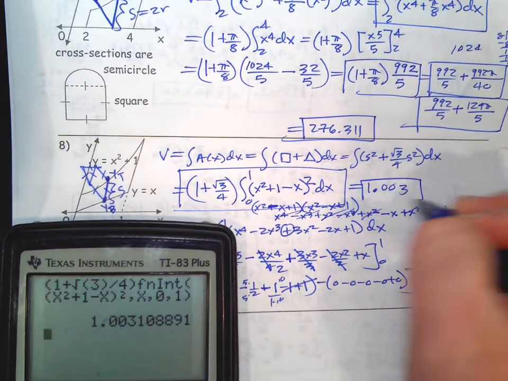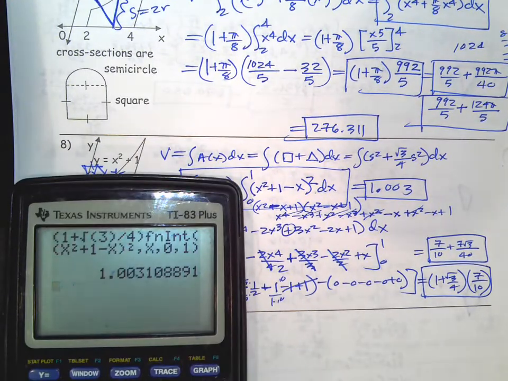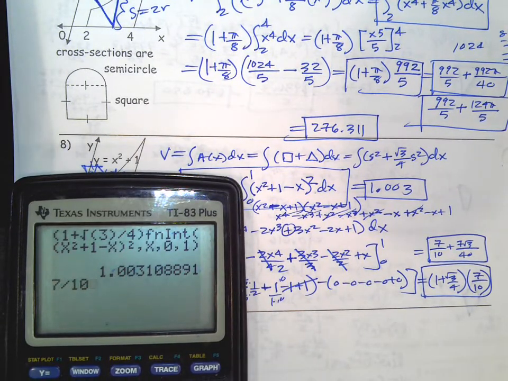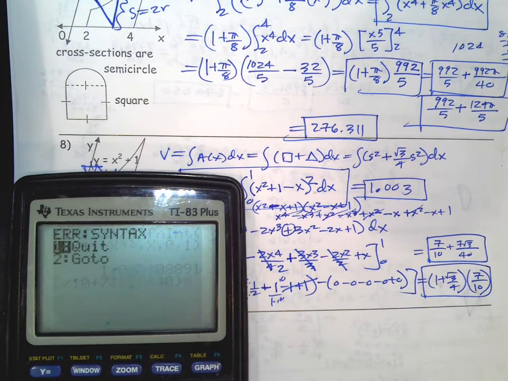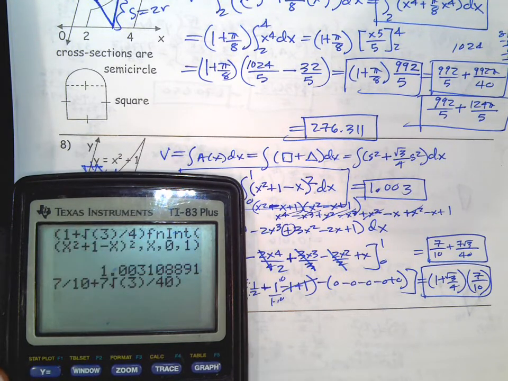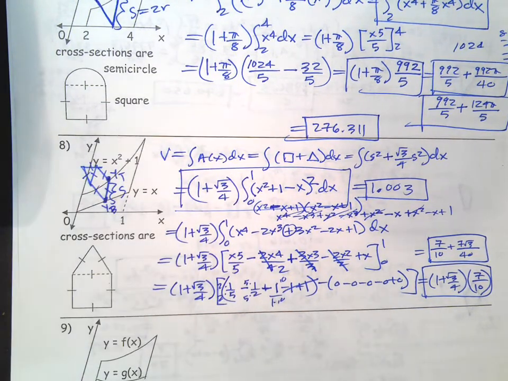Rounded to 3 decimal places, same thing. So let's check our other answer, 7 tenths plus 7 root 3 over 40. Didn't type in something right. Same answer. Looks good.